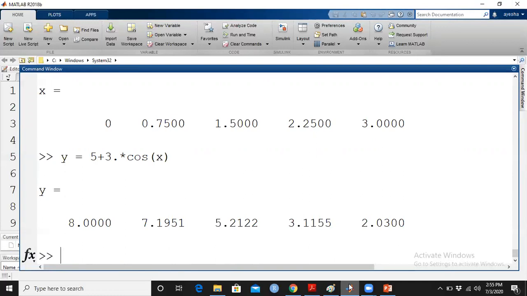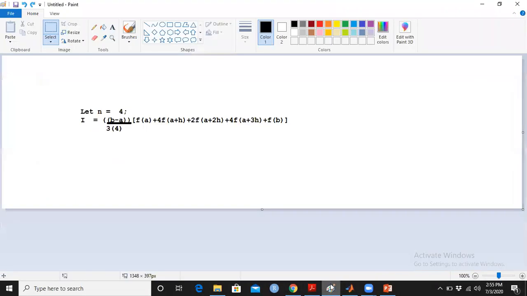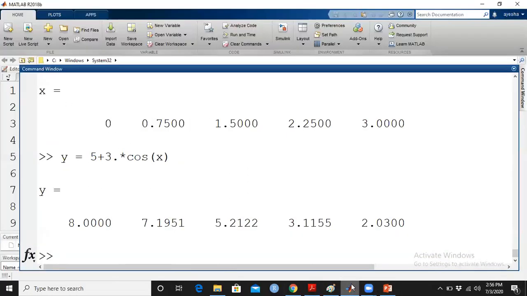All you need to do here, students, is substitute these values in this formula, and you will get the answer. Now you can even do it using MATLAB, or you can do it using a paper and a pen.